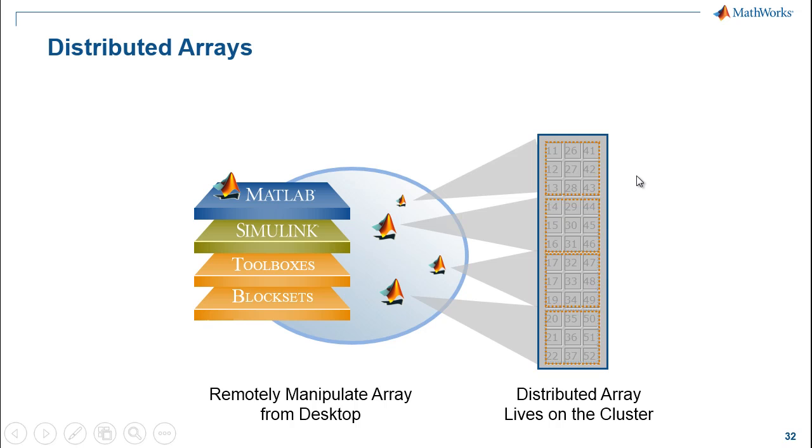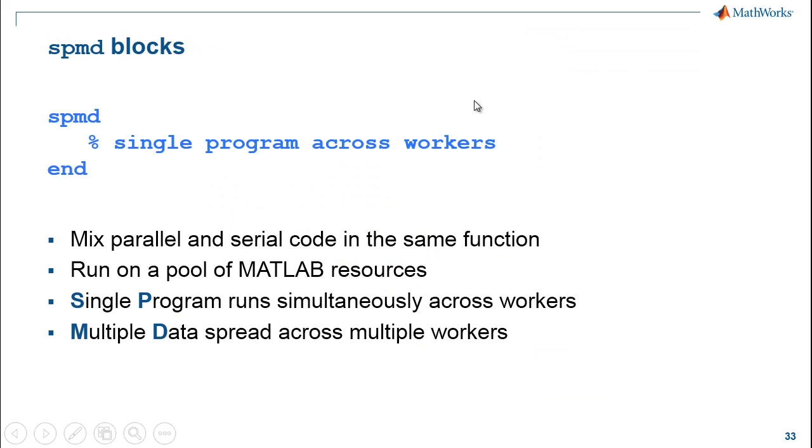The Neural Network Toolbox is also overloaded so that you can train neural networks on data that has been loaded in this type of distributed fashion on a cluster. We also have lower level control using what's called SPMD, which stands for Single Program Multiple Data. So this is a way in which we could execute MATLAB commands to specifically run certain commands on certain workers with certain parts of data.